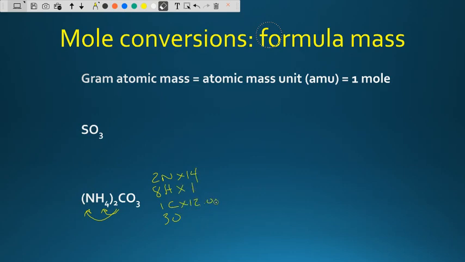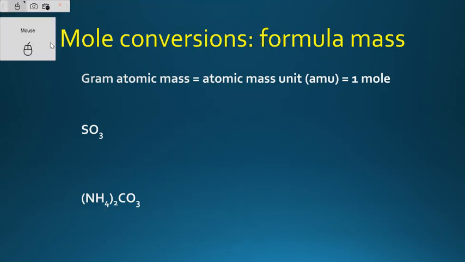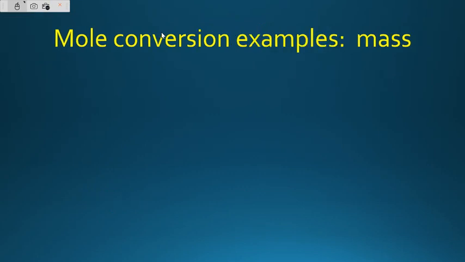And I know it's 12.011, but that's fine. And this is going to be 16. So this is 48. This is going to be 12. This is 8. And I see 28. So you see the pattern when we figure out formula masses along the way. The formula mass of, or the gram atomic mass of ammonium carbonate is going to be 96. And it's just some basic math of distributing along the way, using our periodic table for it. The mole conversion is to find formula mass.